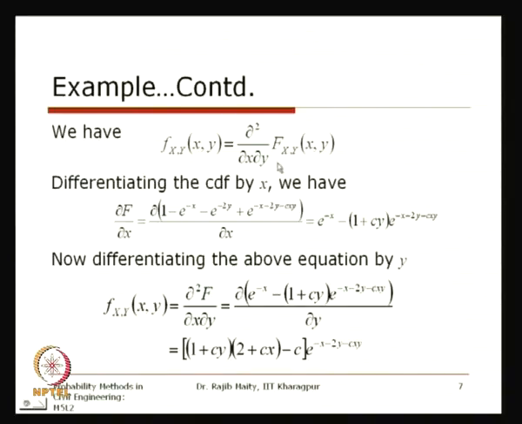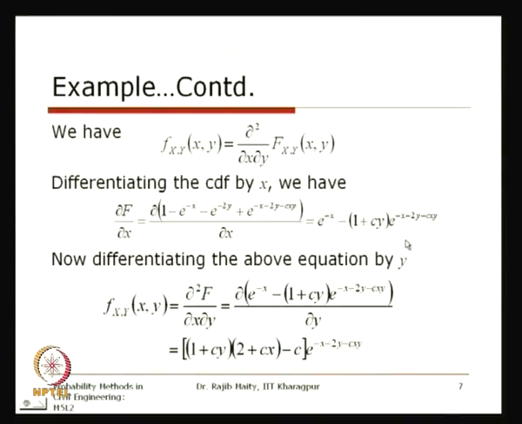So if we just take this joint distribution, if we take the first derivative, it yields e^(-x) (1 + cy) e^(-x-2y-cxy).